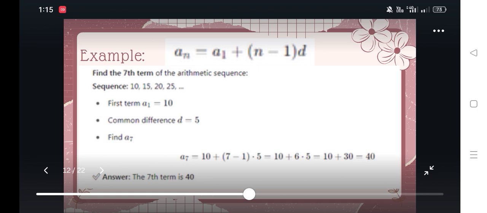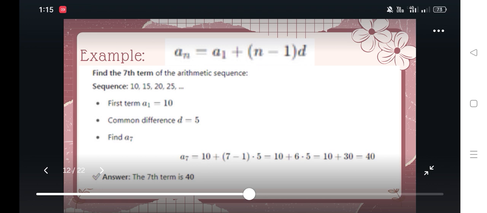Then the question is, find the seventh term. So a_7, kay 7th term man ang ipangita, is equal to 10, our first term, plus 7, ang atong n, minus 1, then multiply by our common difference. So let's solve.